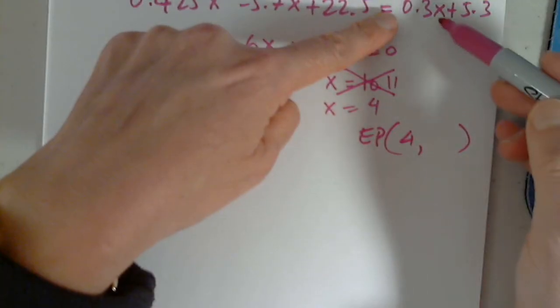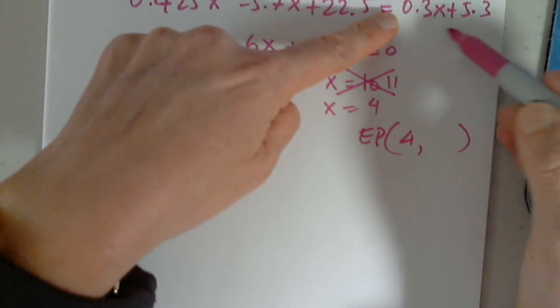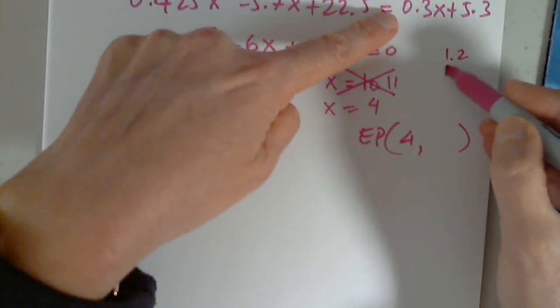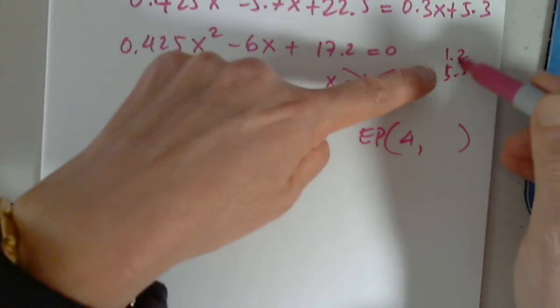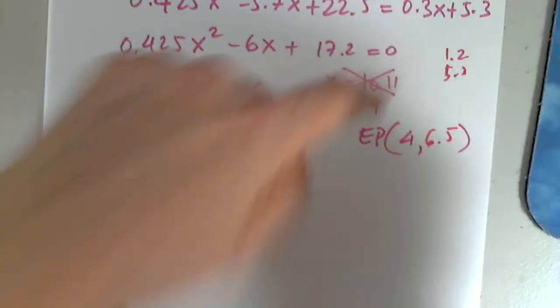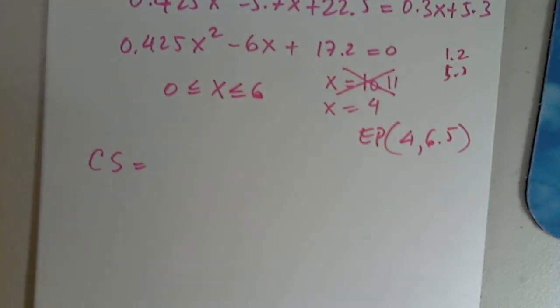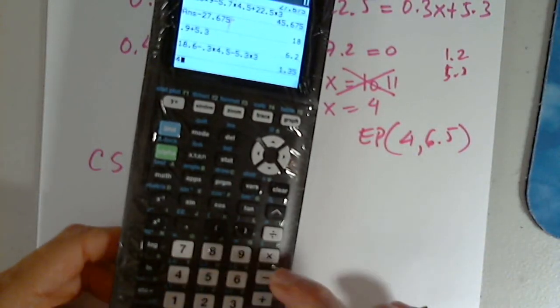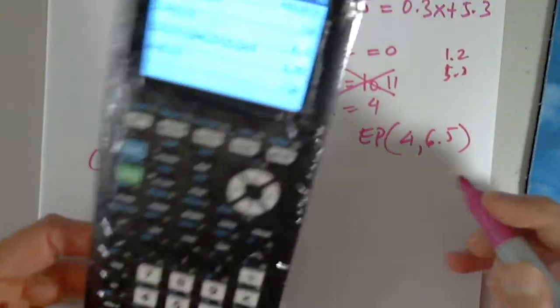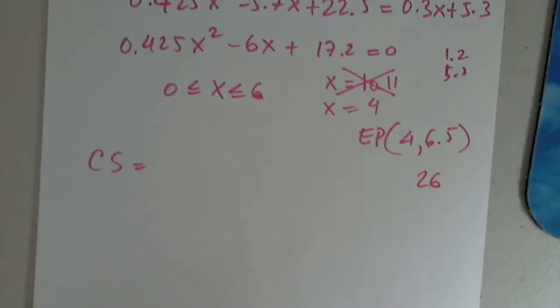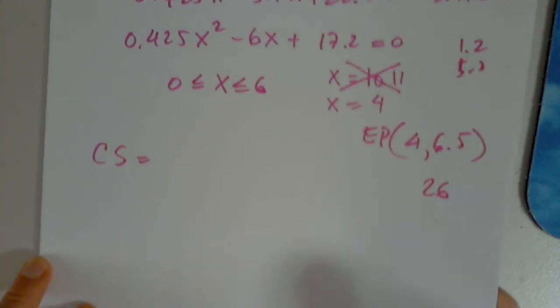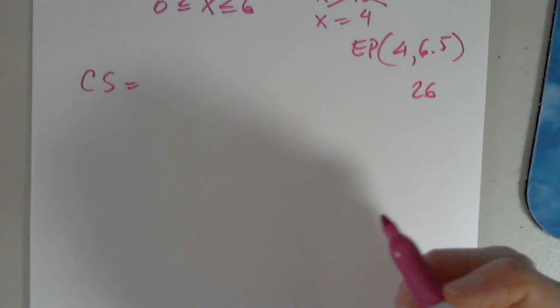So 0.3 times 4 is 1.2, and 1.2 plus 5.3 is 6.5. So I found the equilibrium point. Quickly, I want to multiply 4 by 6.5 because I need that area, which is 26. Do I need to graph again? Or is it clear now?